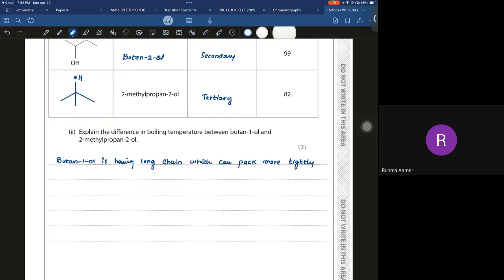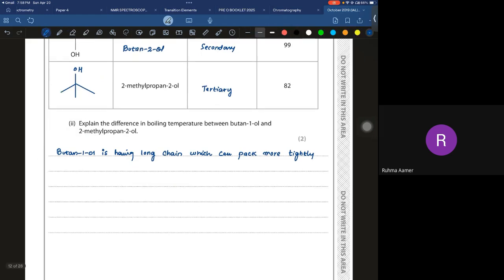Yes, sir. So it can pack more tightly than the branched structure.